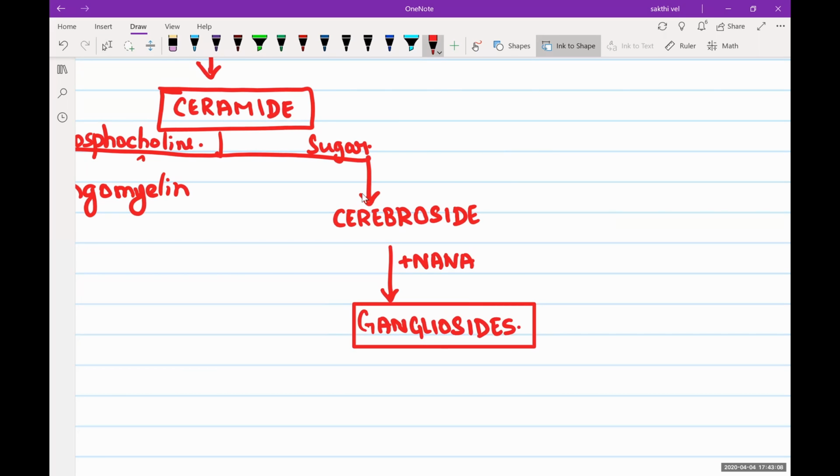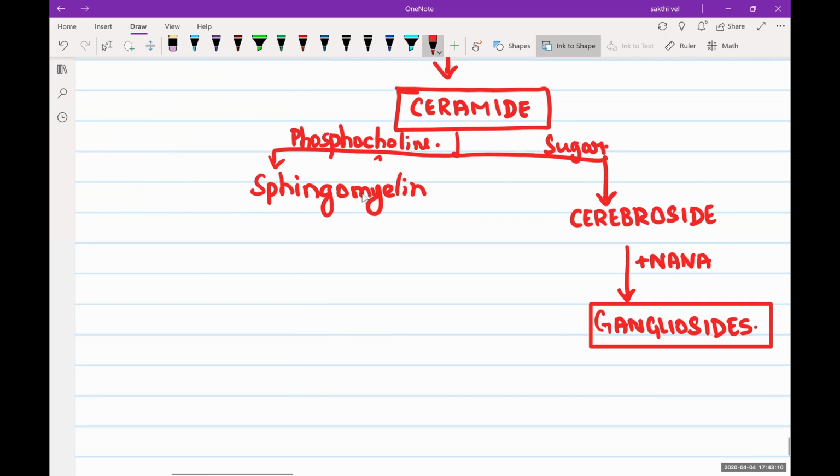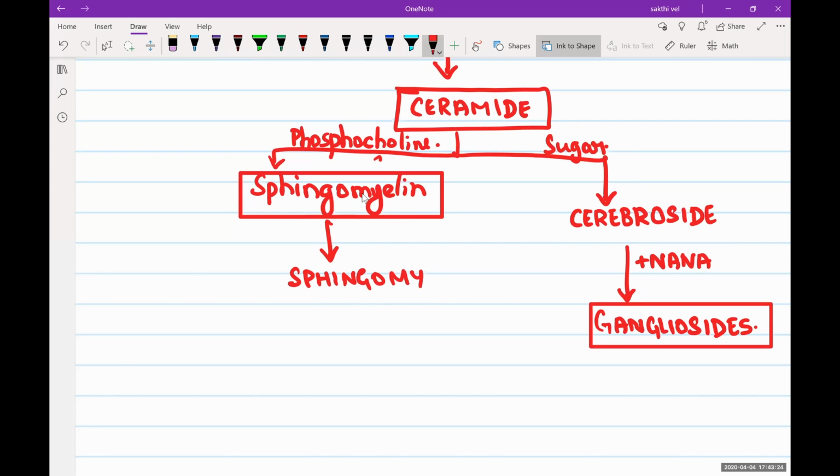Okay. So what do we call this? Sphingomyelin: sphingosine plus free fatty acid plus phosphocholine. The sphingomyelin is degraded by the enzyme called sphingomyelinase.